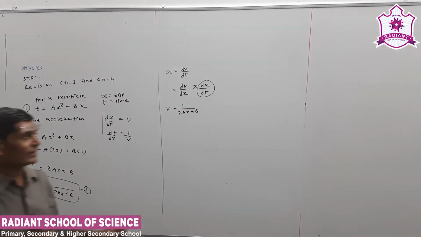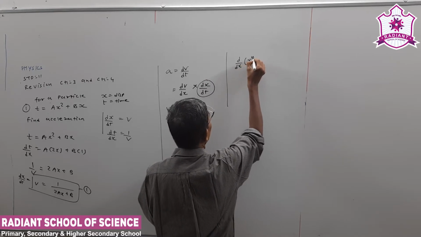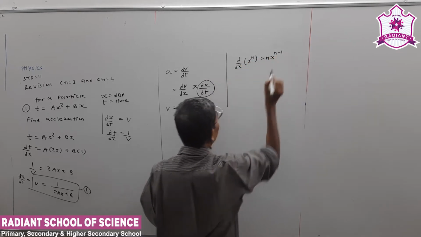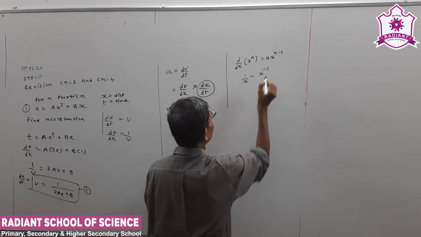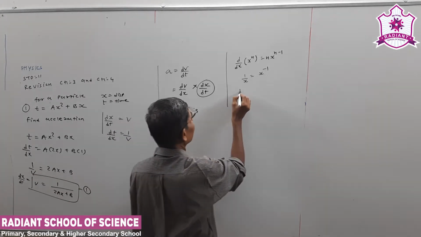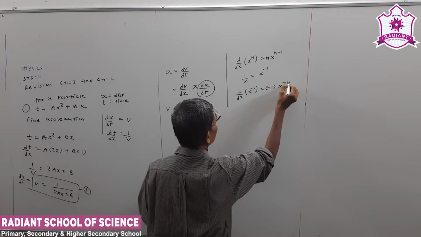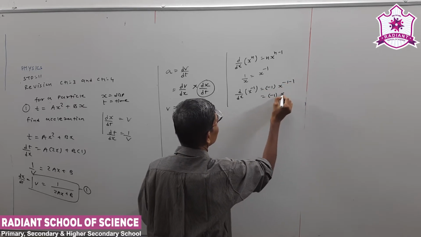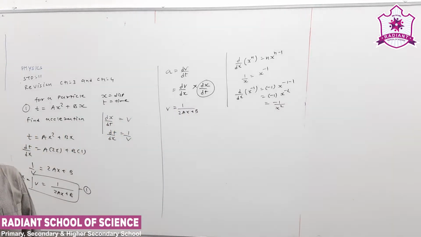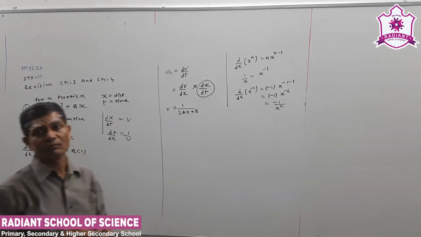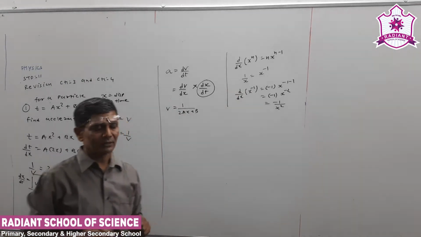Now what is the derivative of 1 upon x? What is the formula? n x to the power n minus 1. So 1 upon x is x to the power minus 1. If I take the derivative of x raised to minus 1 by the rule, the derivative will be minus 1 upon x square.